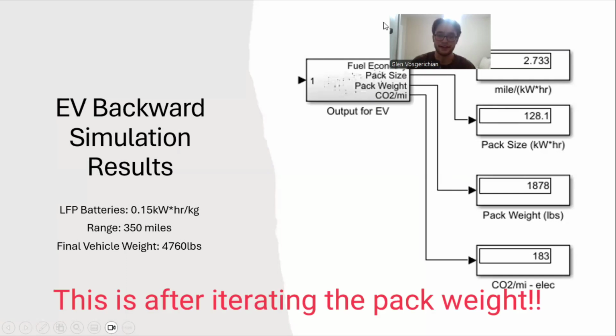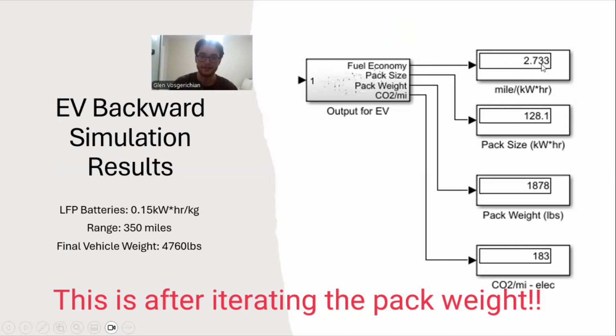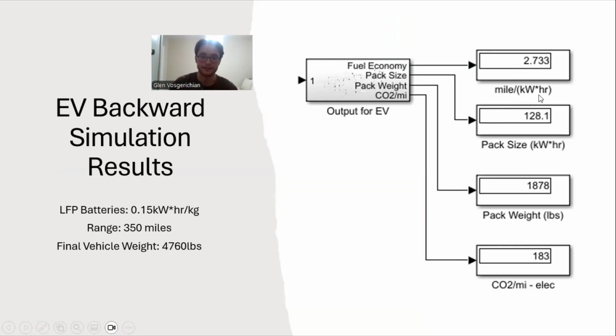You can see that we got 2.733 miles per kilowatt hour, and we got a pack size of 128 kilowatt hours, pack weight of 1,800 pounds, and we used LFP batteries, which are rated for 0.15 kilowatt hours per kilogram. The range we wanted to go at was 350 miles, and our final vehicle weight was 4,700 pounds, which is a lot heavier than the 2,900 that it was originally.